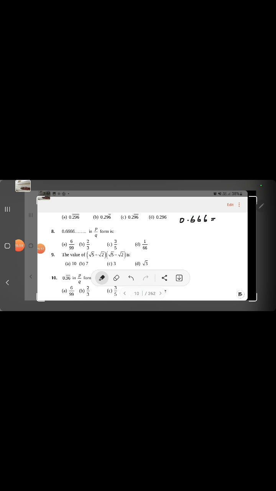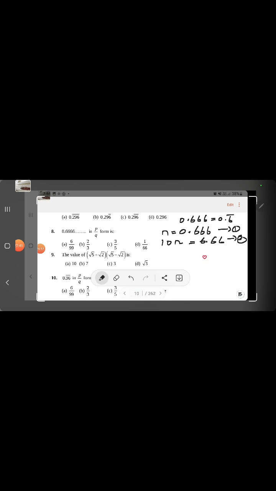So here 0.666 is 0.6 bar. First what we do, we let this 0.666 be n. Okay, n is equal to this. So multiply both sides by 10. We get 10n equal to 6.66. Let it be equation 1 and this be equation 2.